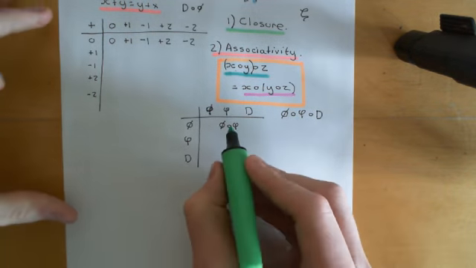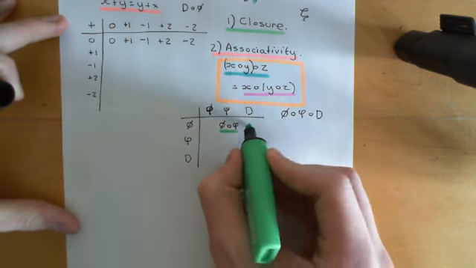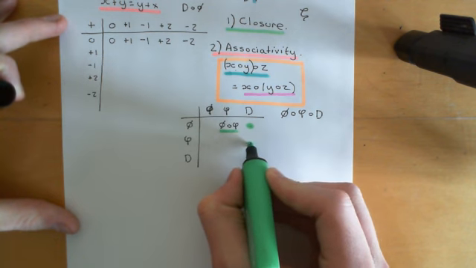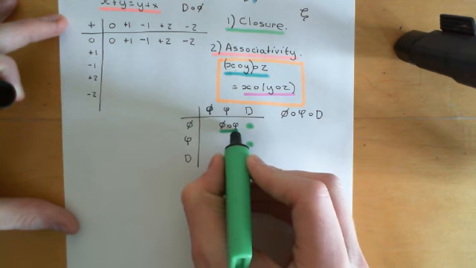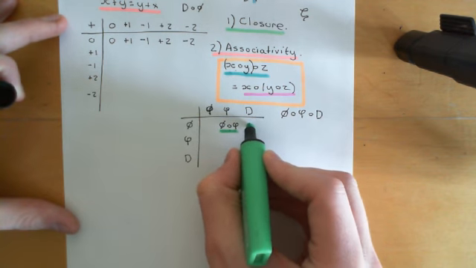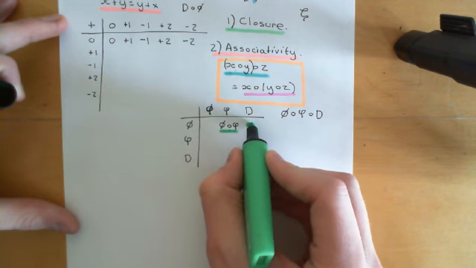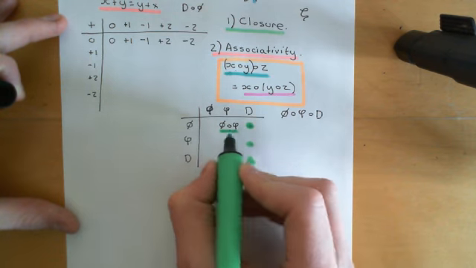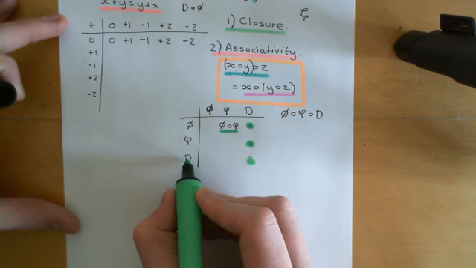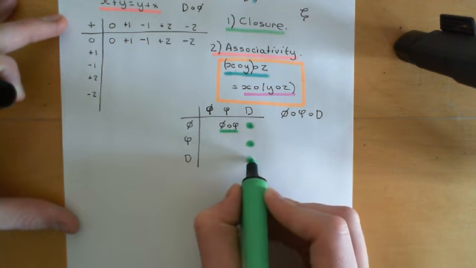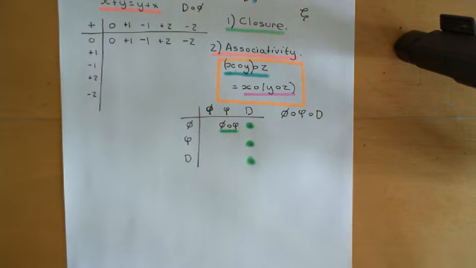So depending on what that answer is, the overall answer will be one of these entries down here. If it's capital Phi, then it will be this one here. If it's lowercase phi, then it will be this one here. If it's uppercase D, then it will be this one here.